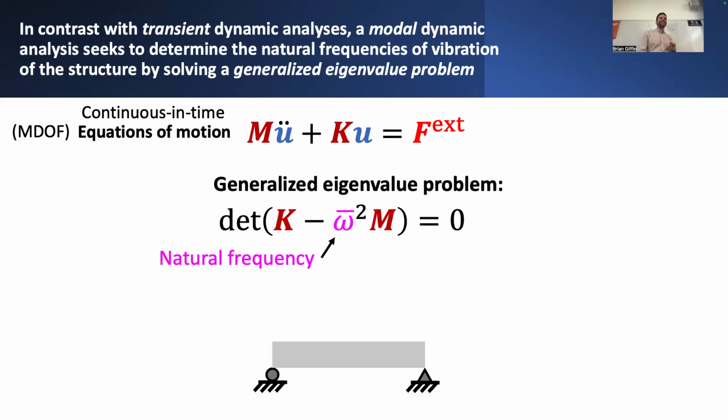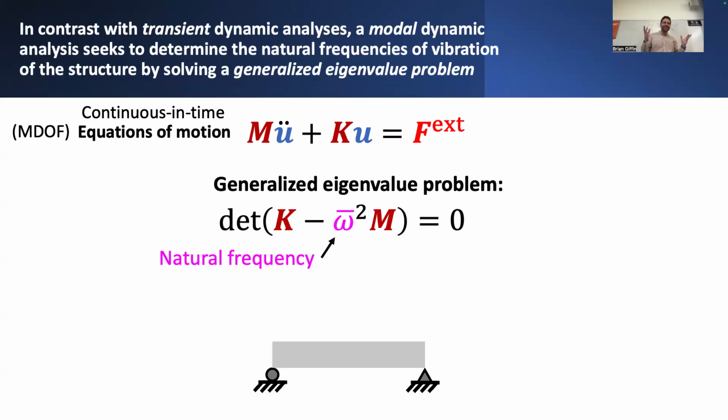So how exactly do we do this? How exactly do we determine the time history of one of these solution variables, or many solution variables in the case of a multi-degree of freedom system? Well, if we have a system that looks like mass times acceleration plus stiffness times displacement equals some externally applied force, where the external force might itself be a function of time, then the way we proceed in doing this modal analysis is by identifying the natural frequencies of vibration of this structure.